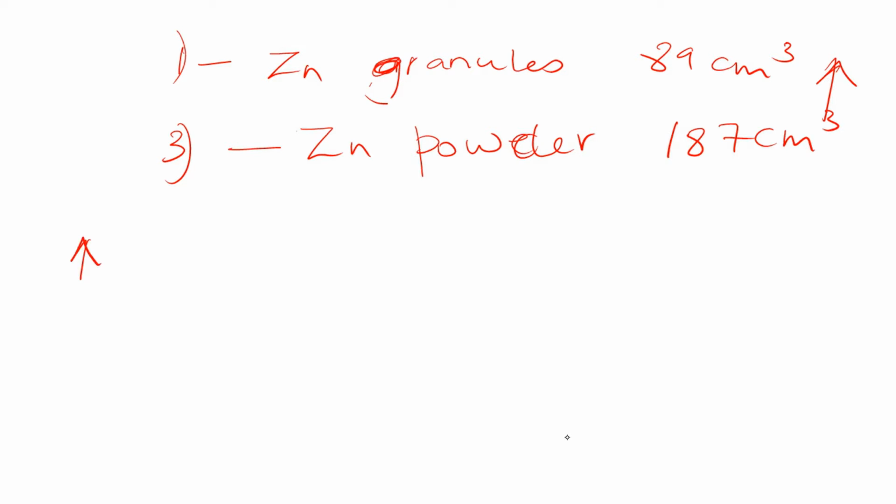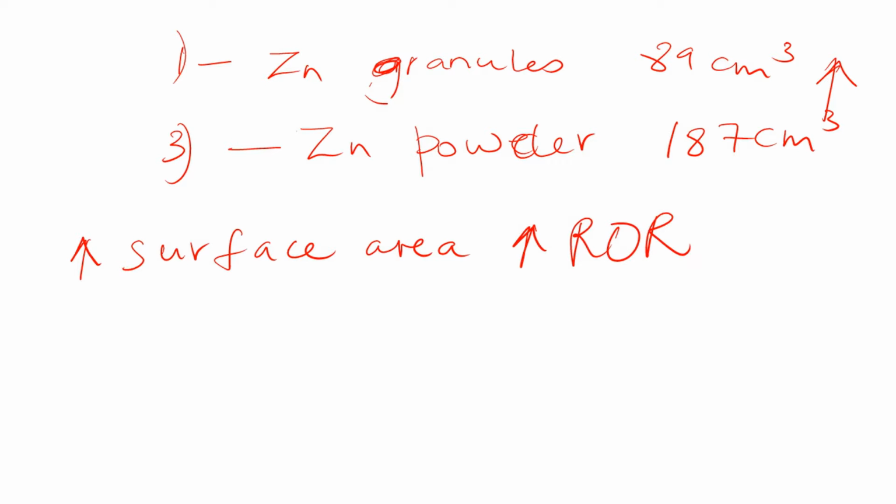There's an increase in surface area of the zinc. So increase in surface area results in an increase in rate of reaction. But why is this so? Reactions occur at the surface of the particles.